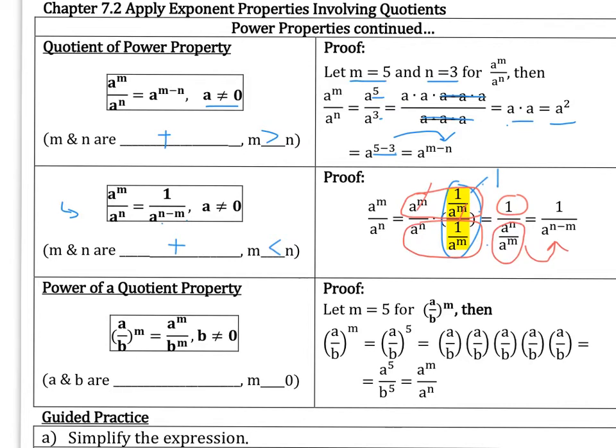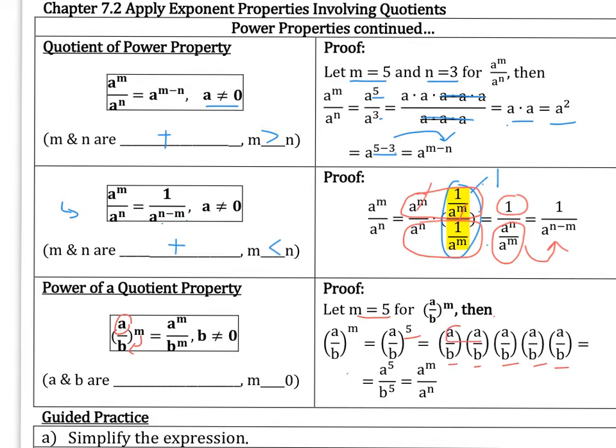And now for this next property, power of a quotient property, I have in parentheses a over b to the m power. Now I can share this m with a and also share this m with b, so I get a to the m power over b to the m power. Let's prove this by letting m equal 5. Then a over b to the 5th power, I could factor this by writing this 5 times.